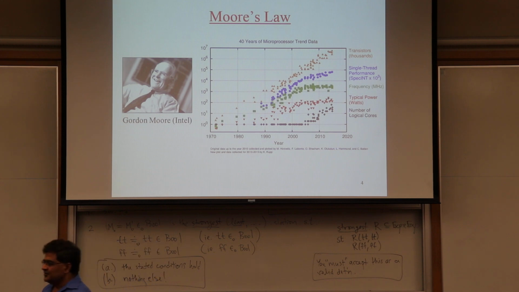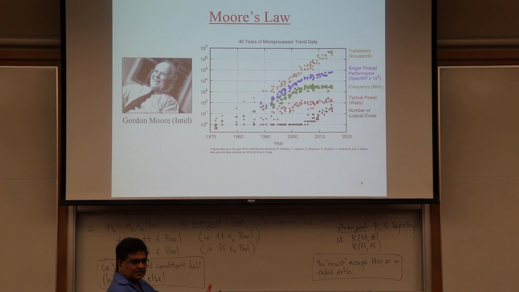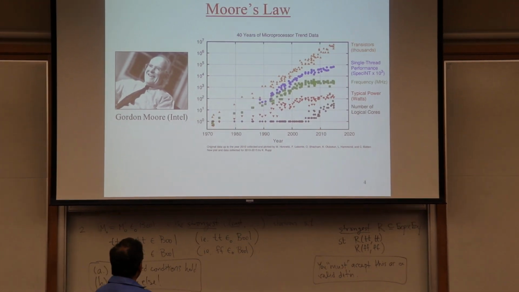However, each of these cores is not being clocked any faster. So what do you do with all these additional transistors? What people have done is they've built these multi-core processors. This black line over here shows you the number of cores on a single computer chip, like the one we were talking about.